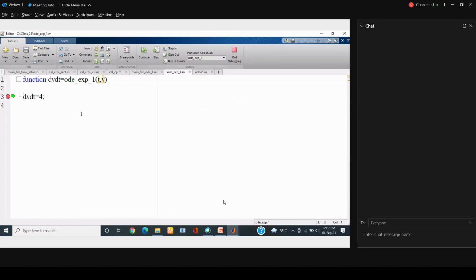Okay. So now if you come here and look at the t value, it has taken t equal to 0, the first value of time span, and v equal to 0.5. It calculates dv by dt, which is right now 4.